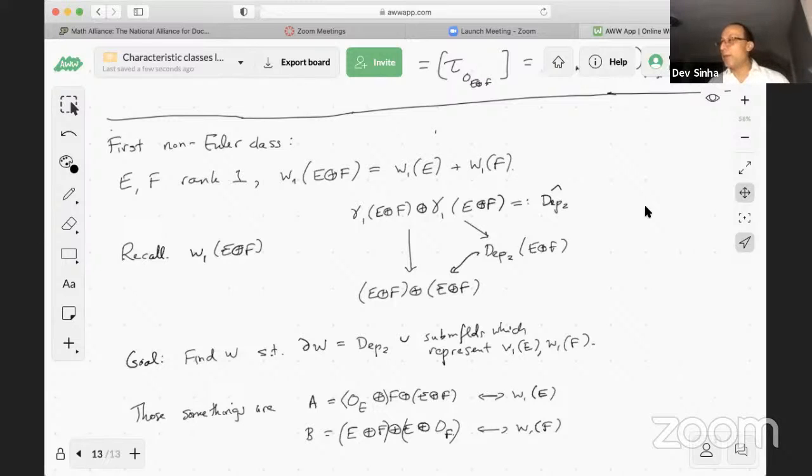It'll give slightly more standard names of things and coordinates. So again, what we want is this W, it's going to be codimension 0.